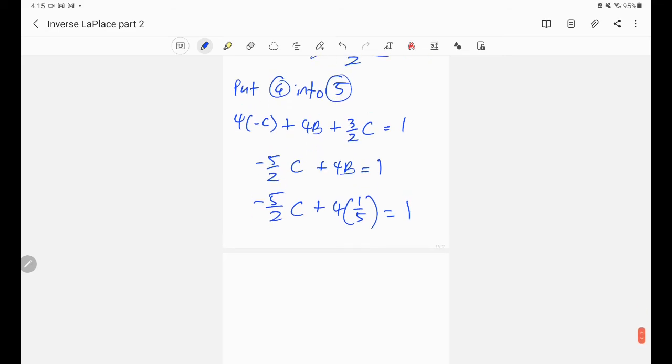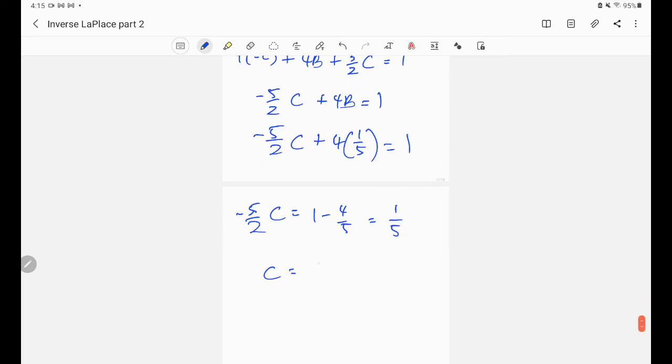So when you calculate this, you'll get C. Negative 5 over 2 C, okay, 1 minus 4 over 5 is equal to 1 over 5. C is equal to 1 over 5 times negative 2 over 5. You get negative 2 over 25.